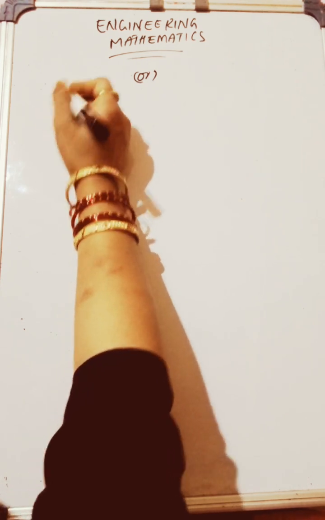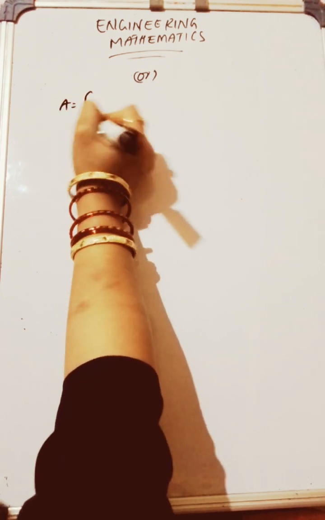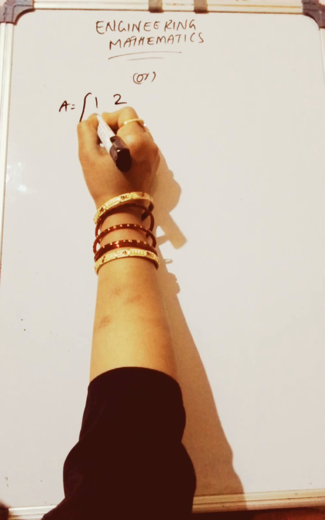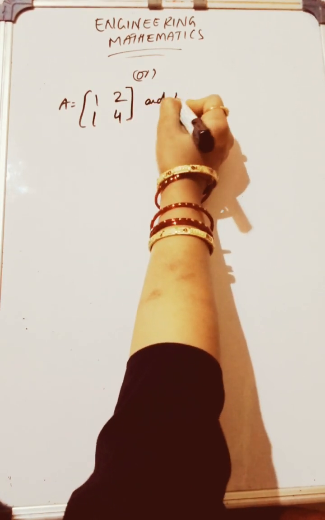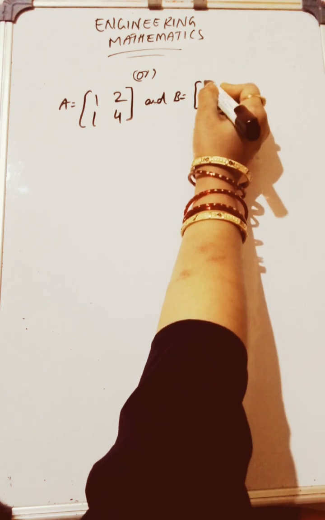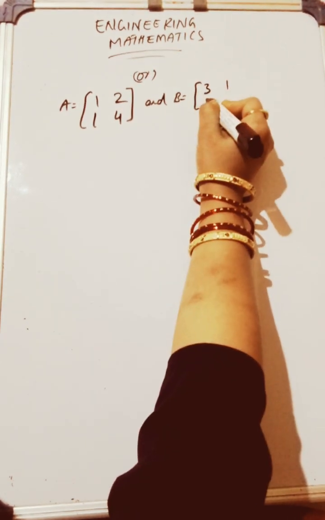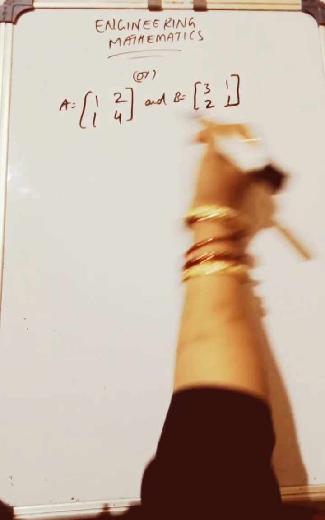Now what did they give? They gave matrices A is equal to 1, 2, 1, 4, and B is equal to 3, 1, 2, 1.